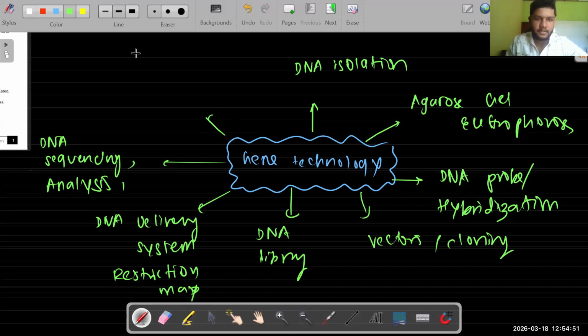And finally, we have GMO, which means genetically modified organisms.